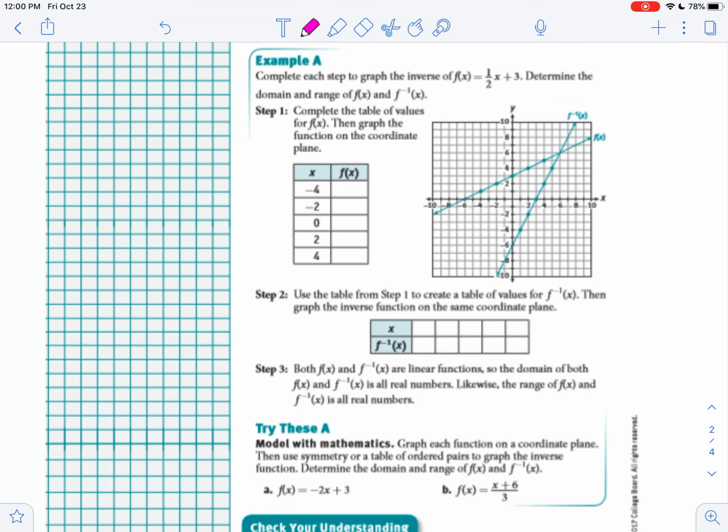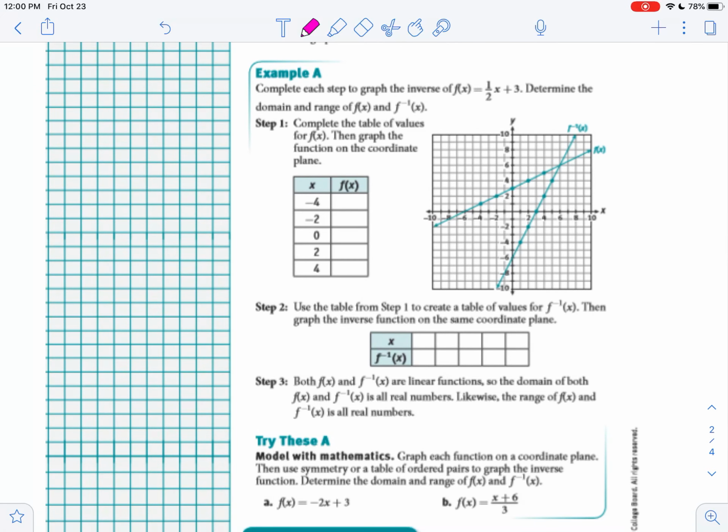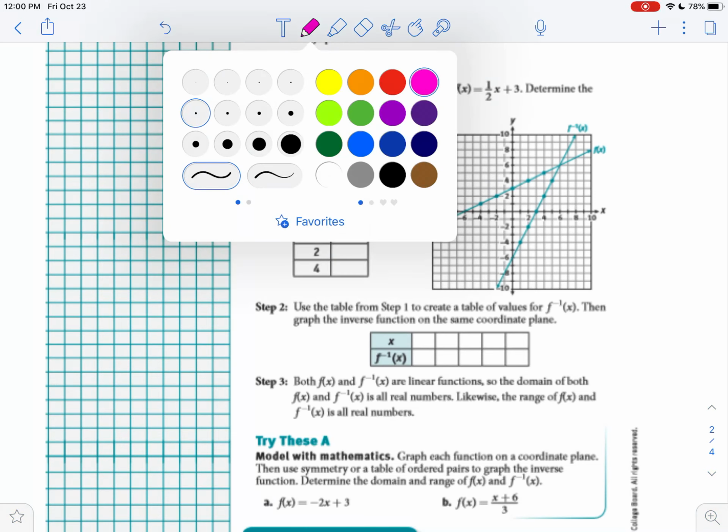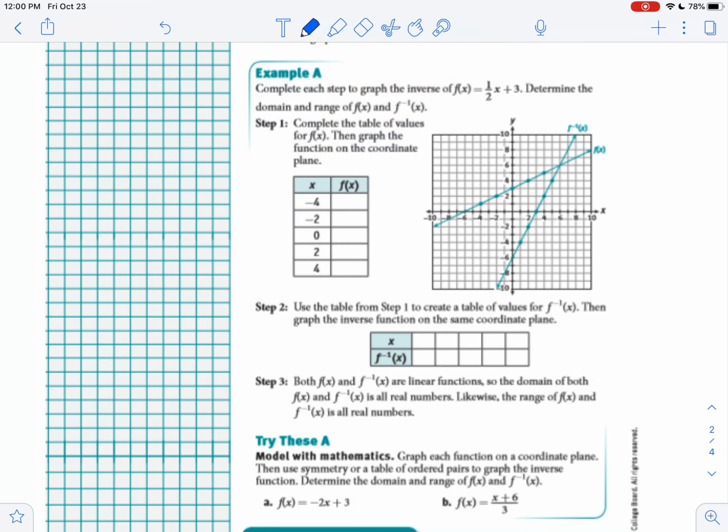Now on page 2 we have an example, and they've done the two graphs for you. We can fill in the tables to see the relationship between the domain and the range and how they switch. In our first graph, I'll use blue for the function f of x, which is 1/2 x plus 3.